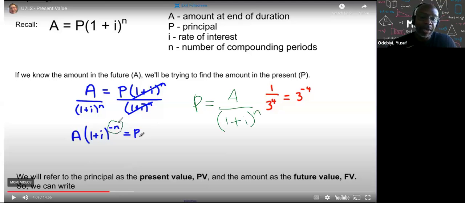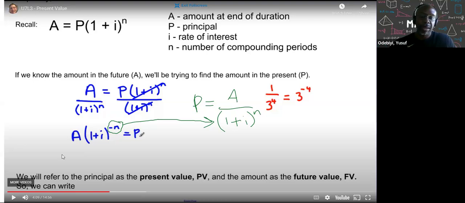The negative exponent is the same thing as this. And that's what we're showing you over here. Understand that, right? So instead of having it as a denominator, they put it as a numerator and basically have the negative exponent. And that's how you get the present value. It's the same formula. It's just how they wrote it as a negative exponent, but that's what the negative exponent means.